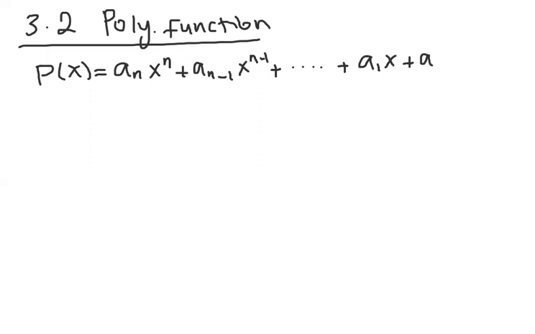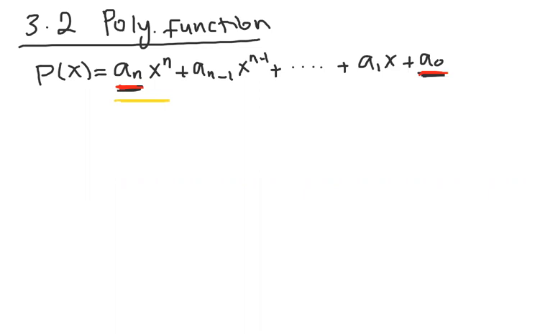So a_0 is called the constant term, or at the same time the constant coefficient. And a_n here, from last time, is called the leading coefficient, and the term a_n x^n is called the leading term.